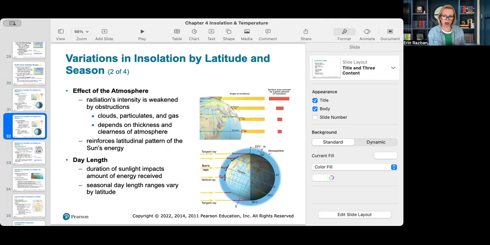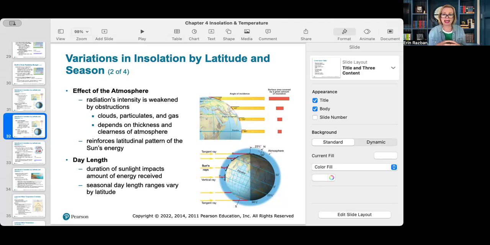Now, here's the crucial part. When sunlight arrives at a low angle, such as at the poles, it has to travel through more atmosphere to reach the surface. It's like putting extra filters on your camera lens. The more filters you have, the less light gets through.